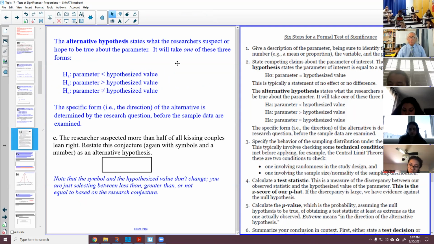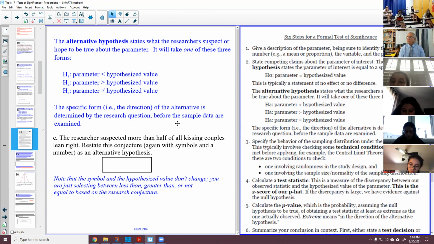Okay, still in step 2, since we have the null hypothesis, we need to put forward an alternative hypothesis. Right? We're gonna compare the two. The alternative hypothesis only takes one of 3 forms. We're not going to say, oh no, I think it's 0.645, or no, I think it's 0.642.